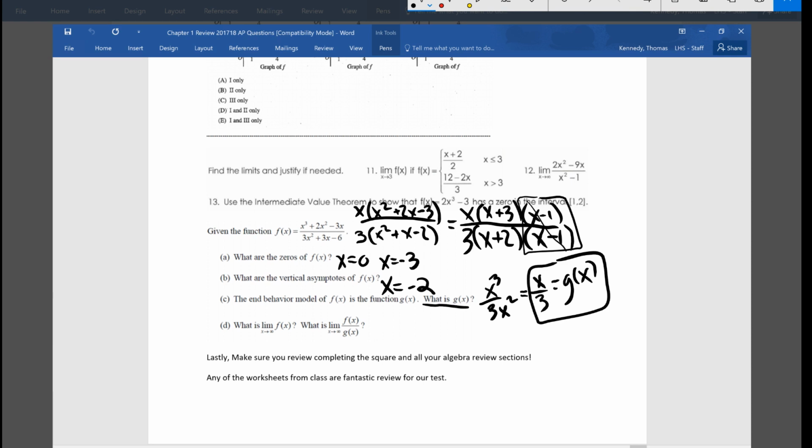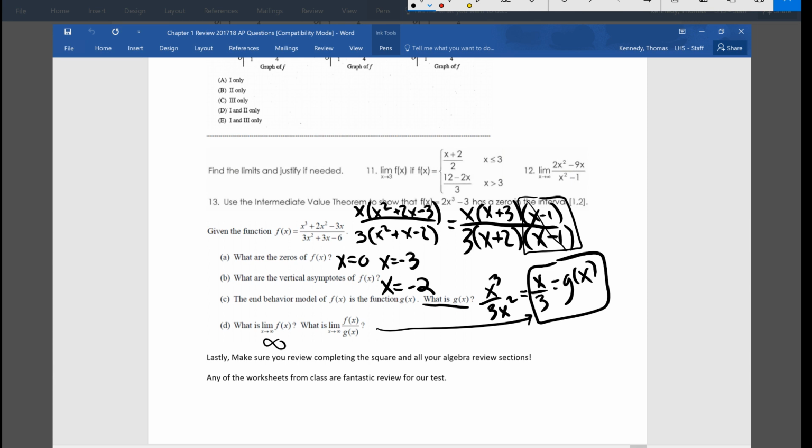And it asks, what is the limit as we go to infinity of f of x? Well, the power is bigger on top, so I just talked about that. It's going to infinity. And then what is the limit of f of x over g of x? So this one kind of goes with understanding what this means.